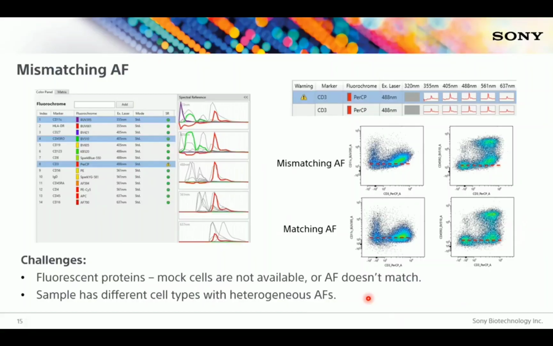This is the case when we are using more complex samples like tissue samples or tumor samples, where different types of cells are present, and it's not that easy to gate them just using forward and side scatter, as it is easy with PBMCs, where we can easily resolve the lymphocytes and monocytes.